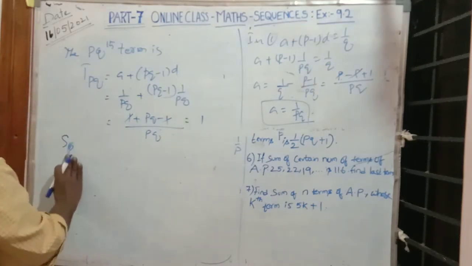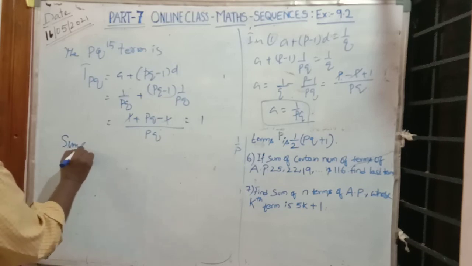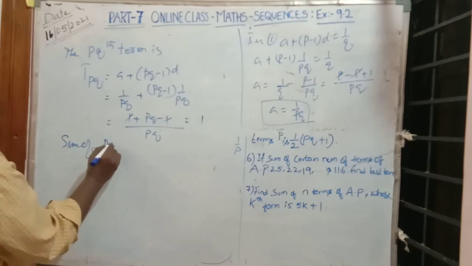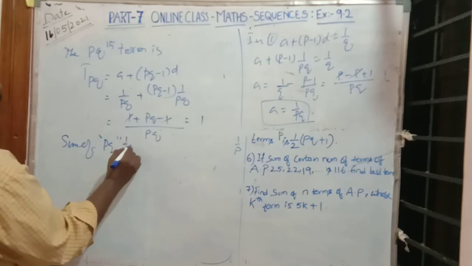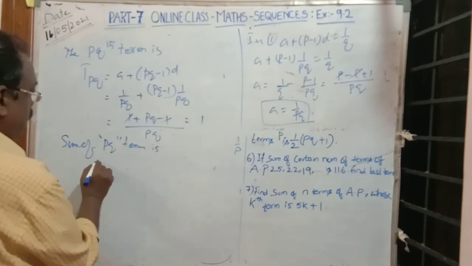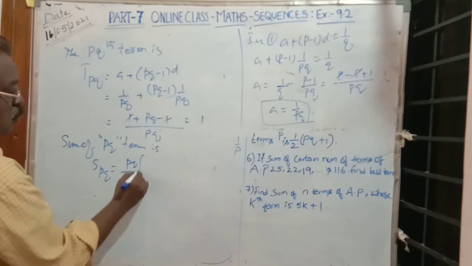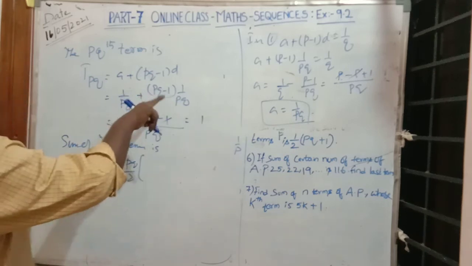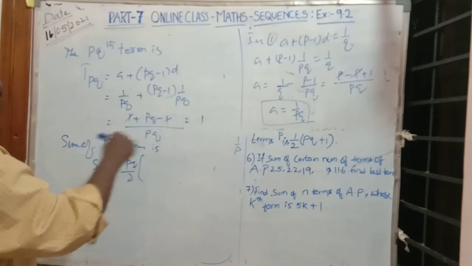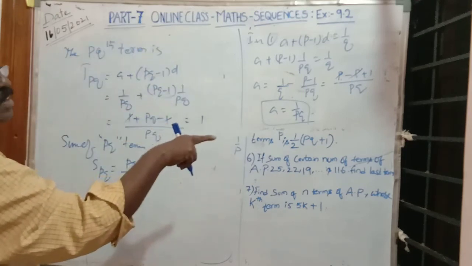We need S pq. It is the sum of pq terms that is asked. That is why S pq is pq by 2. Don't confuse it. This is extra, you assume. It's not needed, but I found it because I erased that one.